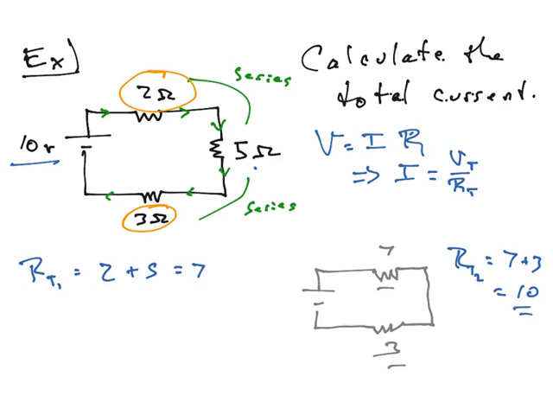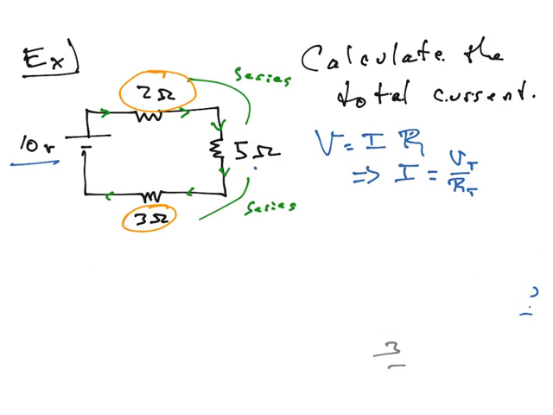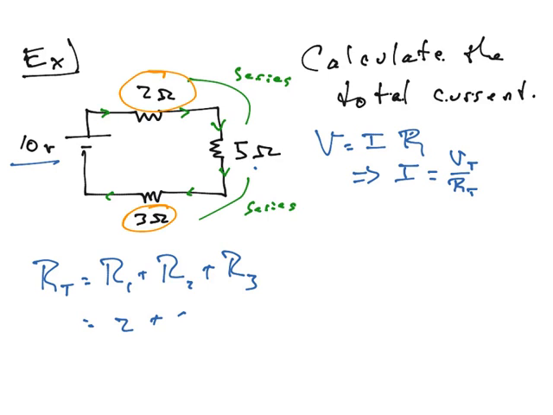However, the way I would do it is I say, since I know all 3 of these resistors are all connected in series with each other, well, let me just say R total is R1 plus R2 plus R3, all three of them. So it's 2 plus 5 plus 3, which is 10. This is also fine.